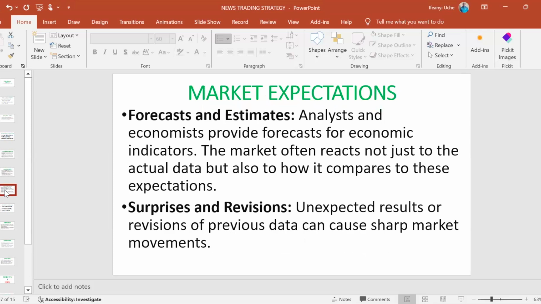Sometimes unexpected results or revisions of previous data can cause sharp market movements. For example, let's say CPI for last month was 3.2, and then before the next release for this month, they revised it to 3.1. It can impact the market even before the new one is released.